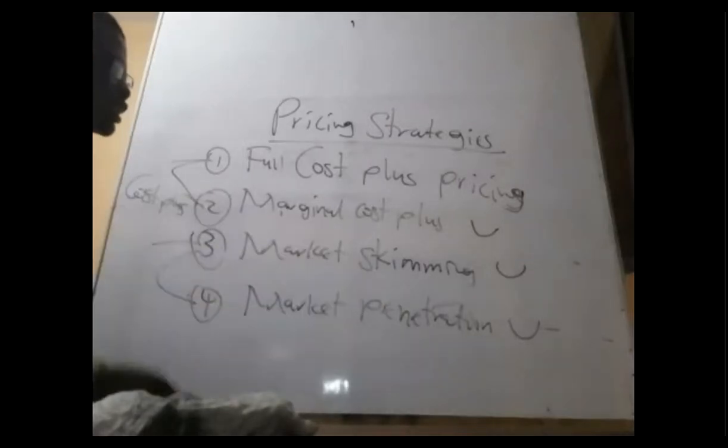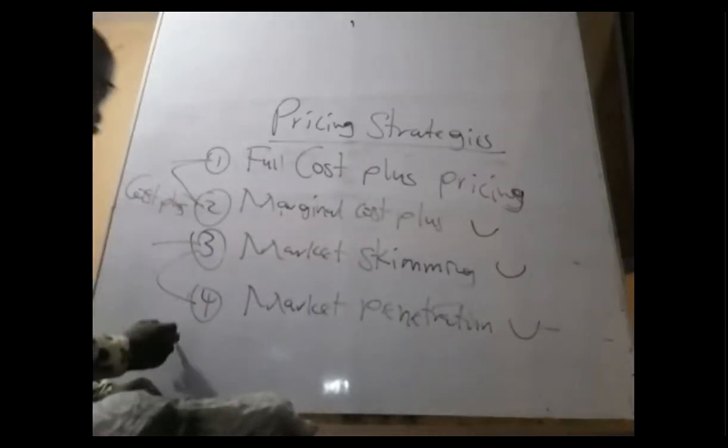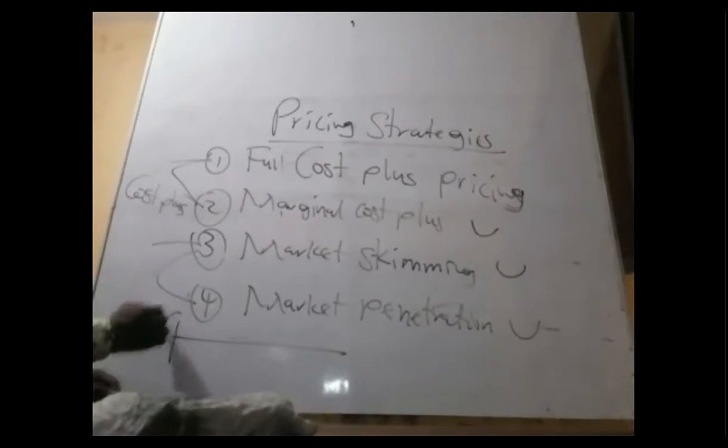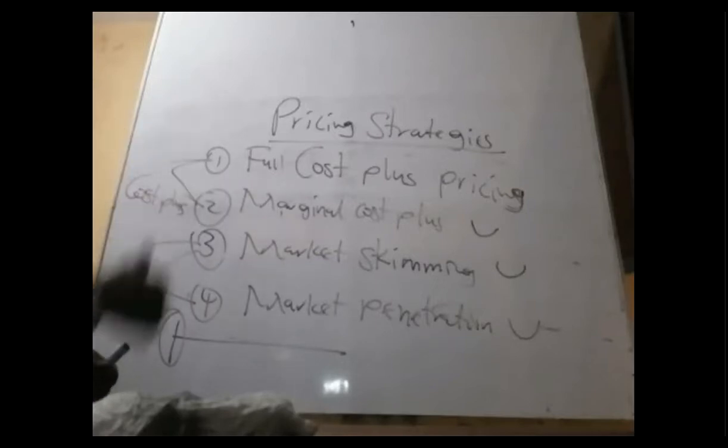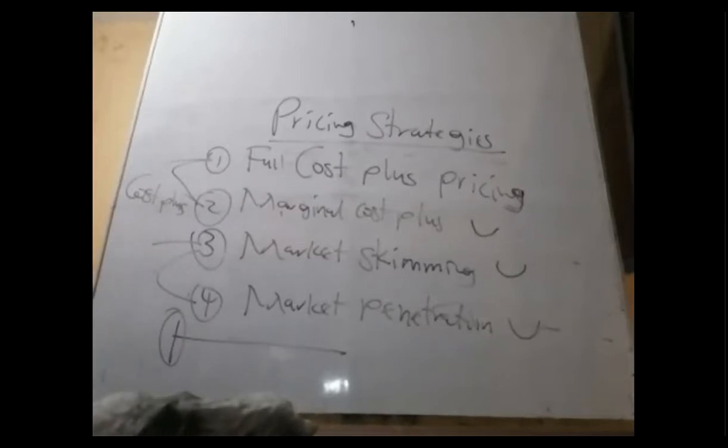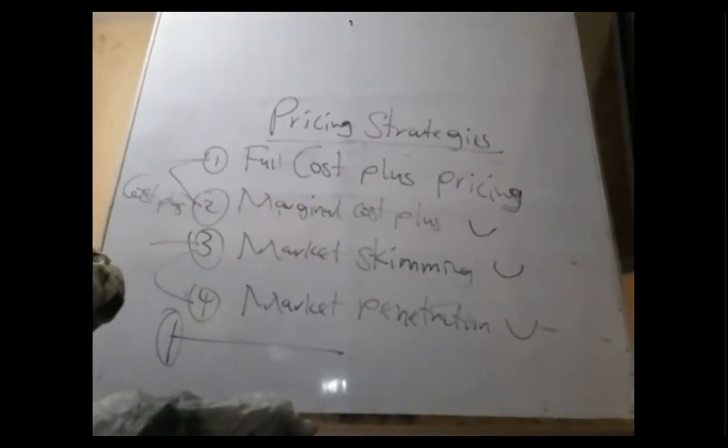Now, market skimming simply means when you introduce a new product, you charge higher prices at the initial stage of the product. The aim is that you are going to recoup your cost of investment and make reasonable profit before anybody enters the market.